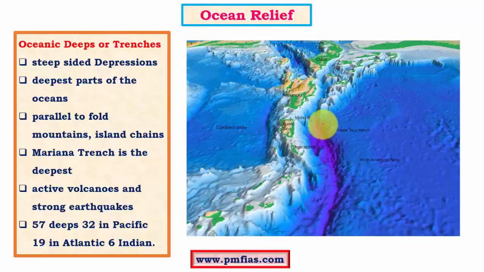For example, we have the Chilean coast and the Japanese coast, where we hear about frequent earthquakes. So these trenching regions are hotbeds of various tectonic forces, especially earthquakes and volcanoes. When it comes to trenches, the most number of trenches occur in the Pacific Ocean, followed by the Atlantic, and the Indian Ocean has the least number of trenches.